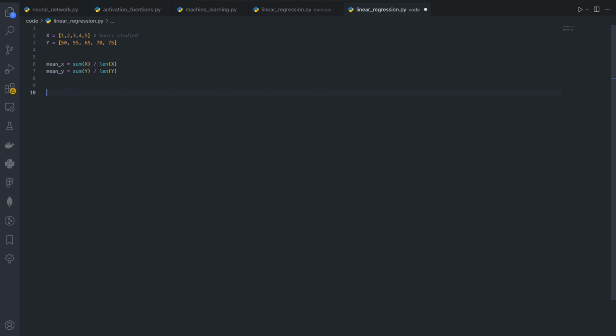So now let's calculate the numerator and denominator of the prediction. From the prediction we got the b-intercept. So for that b we will divide it into numerator and denominator, like we have x minus x cap into y minus y cap, divided by x minus x cap squared. So the above part will be the numerator and the down part will be the denominator. So let's calculate slope and intercept.